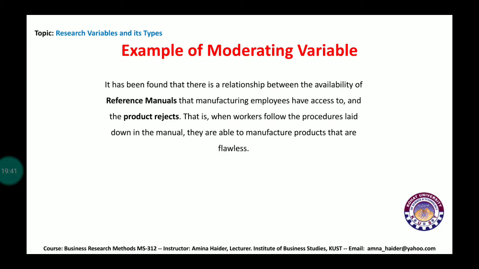That is, when workers follow the procedures laid down in the manual, they are able to manufacture products that are flawless. So firstly, we see that the availability of reference manuals has an effect on the product rejects.